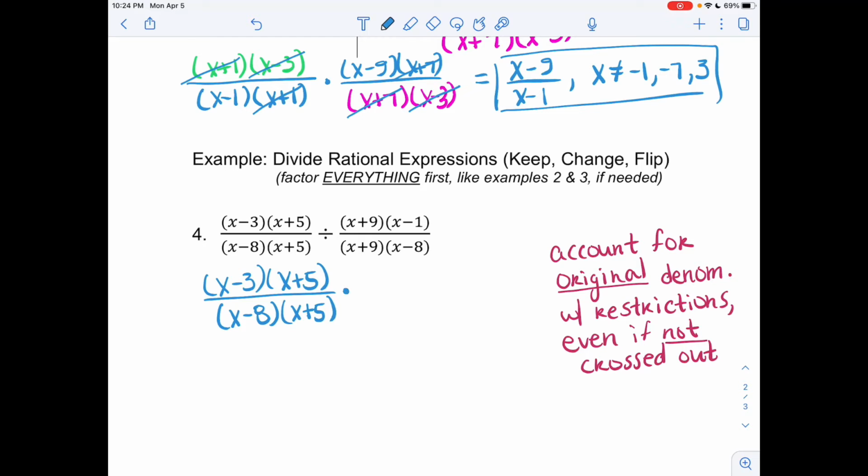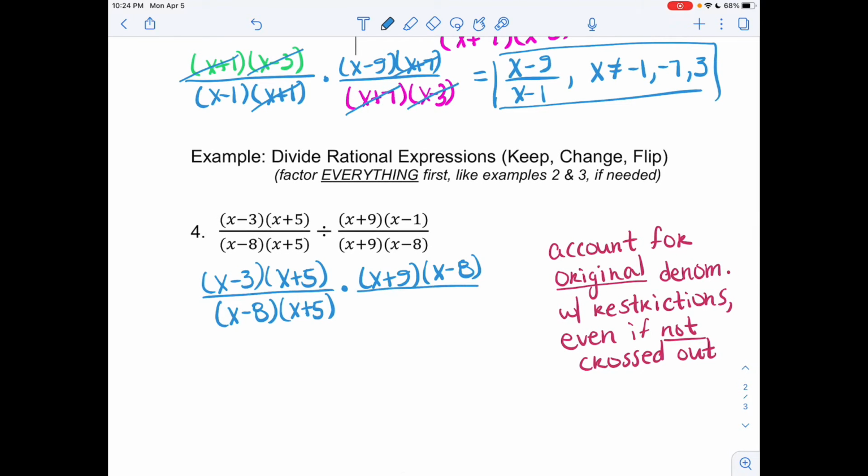Change to multiplication, and now I want to take the reciprocal or flip my second fraction. X plus 9 times x minus 8. So that comes from the original denominator, and now my original numerator to finish up my reciprocal is x plus 9 and x minus 1.